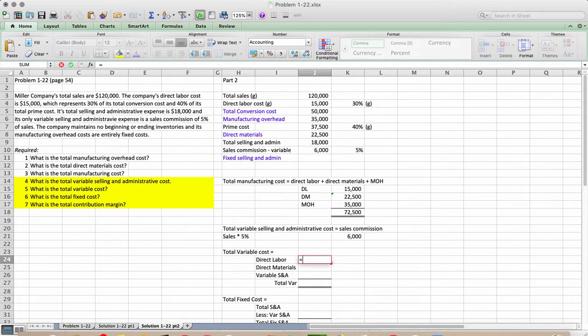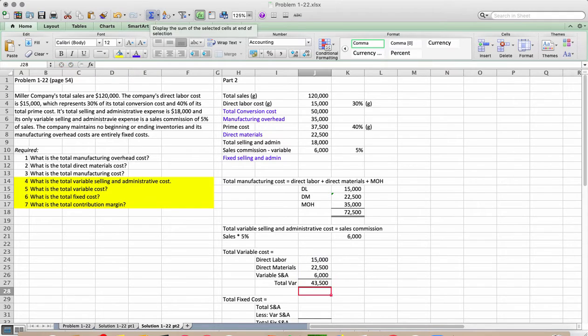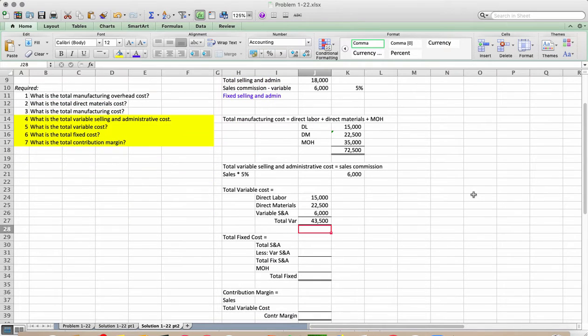Our direct labor is 15,000, which was given. Direct materials is 22,500, which we calculated. And now our variable selling and administrative is the 6,000. If we add these three up, our total variable cost in this situation is 43,500. So that's the answer to number 5.